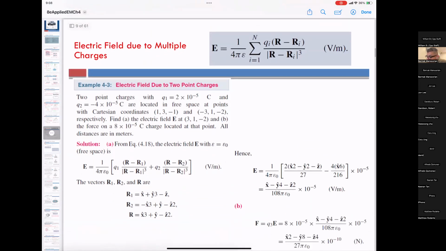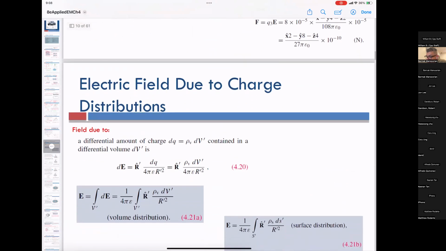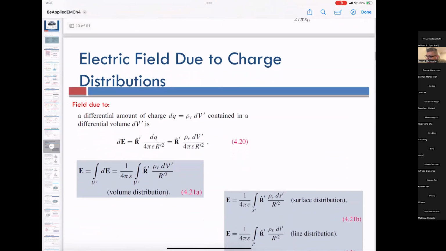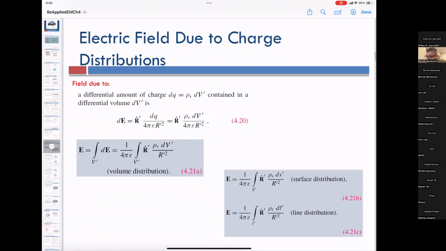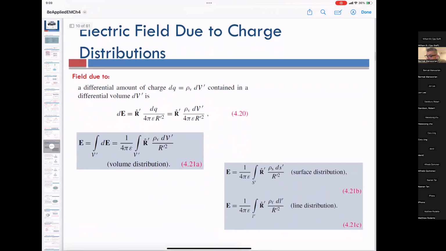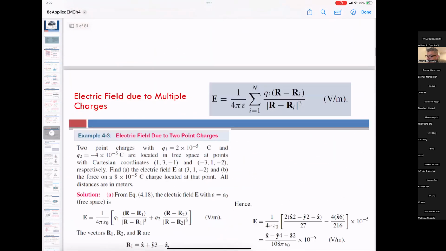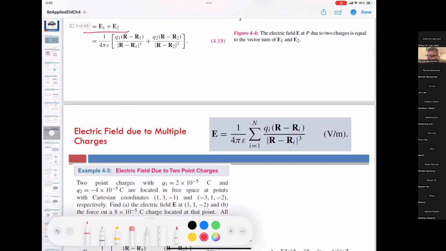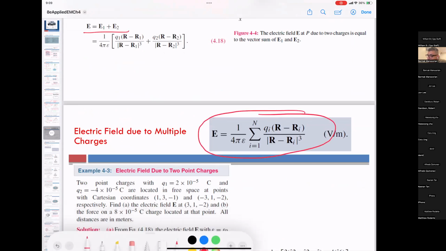And then again, you can keep going for different charges. And in fact, if you don't have individual charges, but a distribution of charges, you can do the same thing. If you had individual charges, you would sum them.